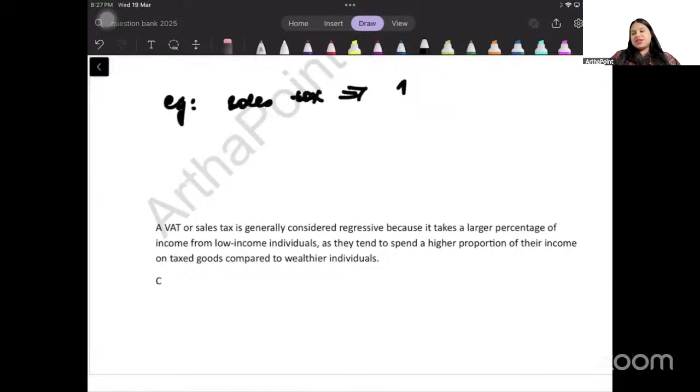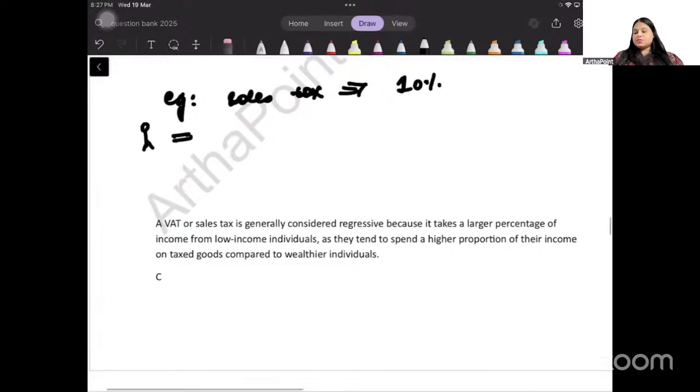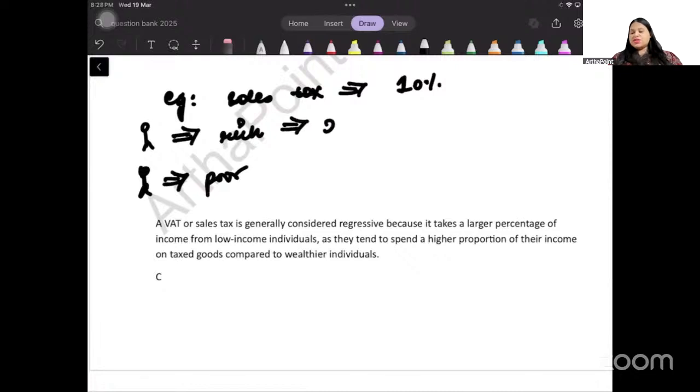Sales tax fixed है 10% पे. Now there is this person who is rich and there is this person who is poor. ये rich person का जो income है वो 10,000 per month है और poor का income 1,000 per month है. बट दोनों जब कुछ खरीदेंगे, when they will be purchasing, they will be paying 10% as tax.